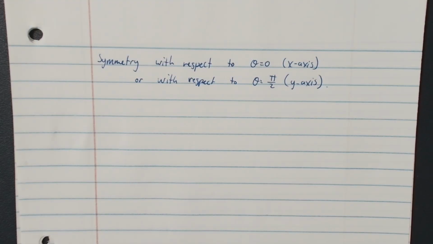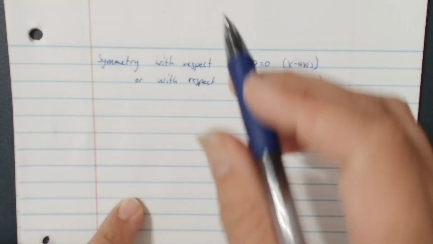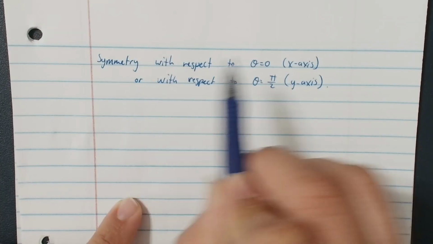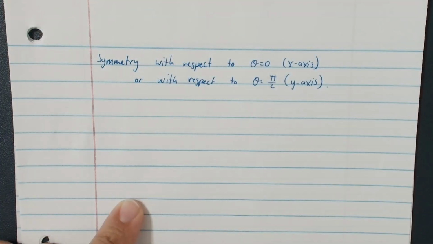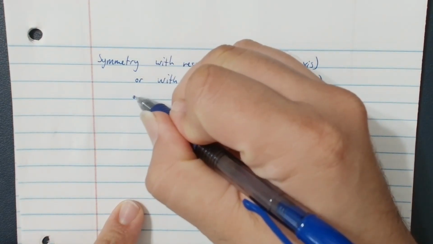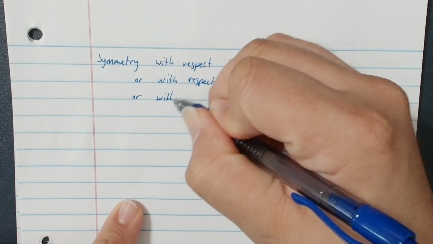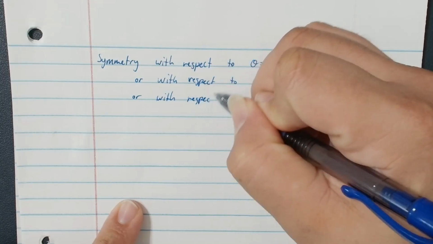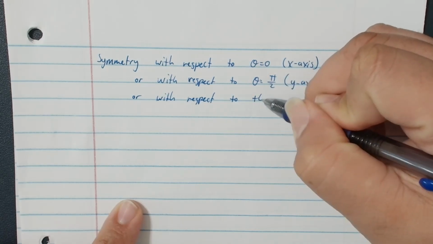The way we're going to test it is similar to the way we test for symmetry in algebra. We're going to replace variable or variables with the negative versions of themselves and see what happens. Oh, actually, I'm forgetting one. With respect to the x-axis and the y-axis, we can also be symmetric with respect to the pole, just like we can be symmetric with respect to the origin in algebra.